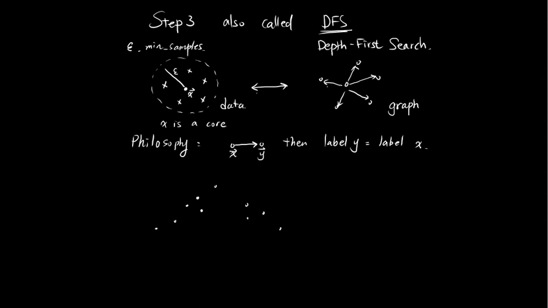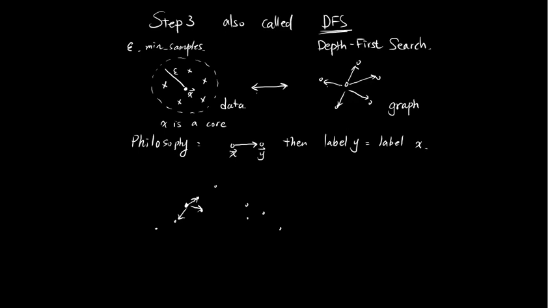So this is a simplified version of the data we have seen before. Imagine that this is some data set, and maybe there is some noise. Okay, and then for each of the points, you can draw a circle and then determine whether it is a core or not. If it is a core, then you are going to draw some arrows from this point to its neighbors. So this means this particular point is a core.